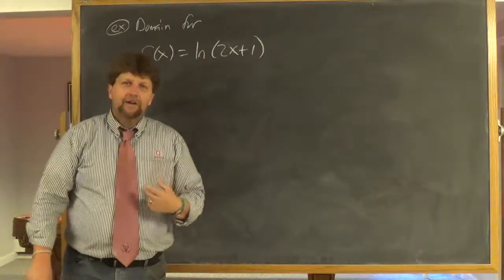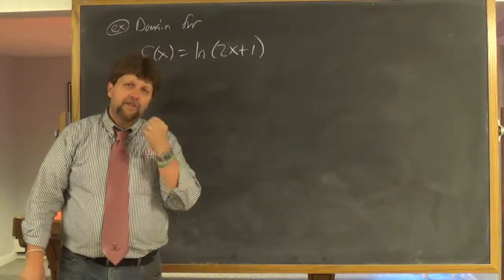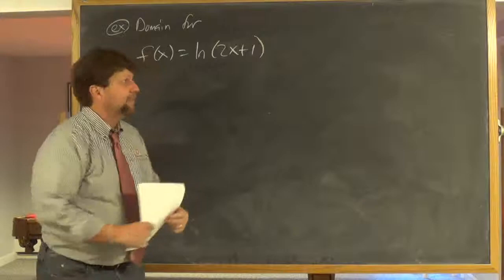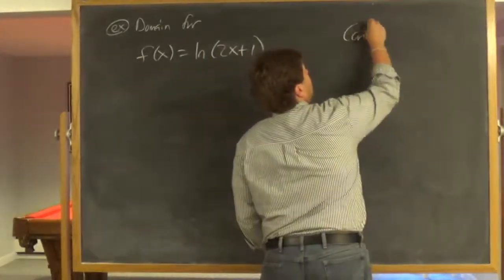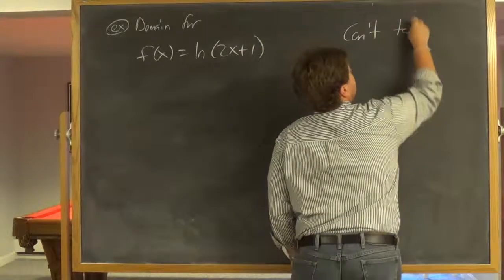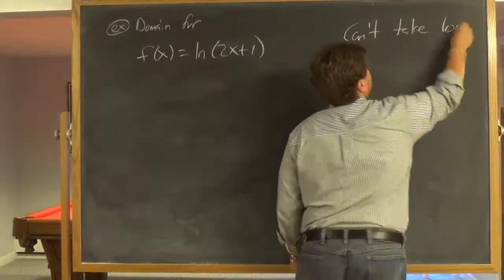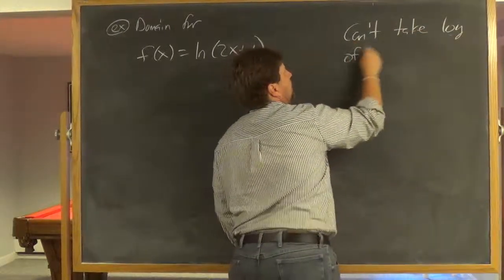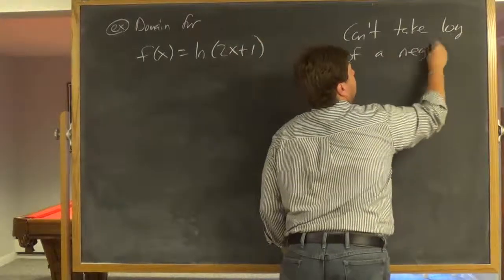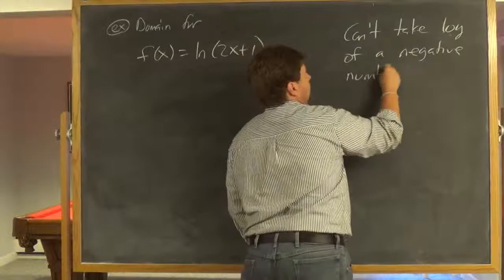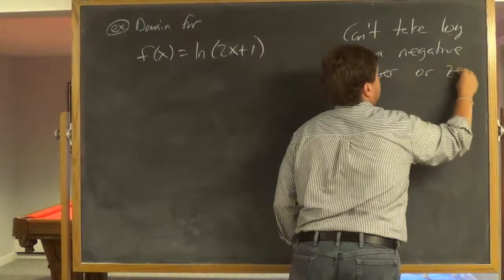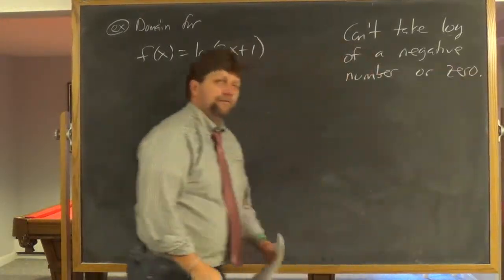Well, here we are later on in the semester. This is the third bad thing in function land. I'll be short and sweet with it. You can't take the log of a negative number, or 0.